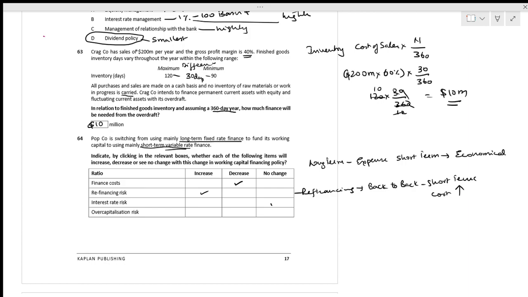It is no change. Overcapitalization risk is nothing but what? It talks about funding, how much you are investing beyond your requirement. It will not have any effect on the basic factor as such.